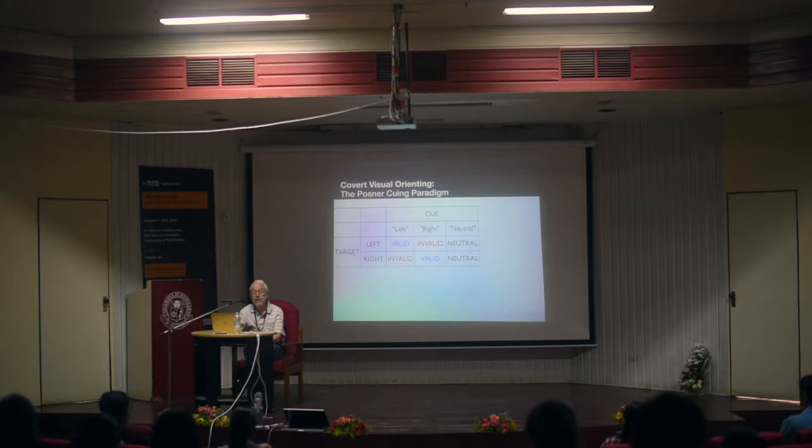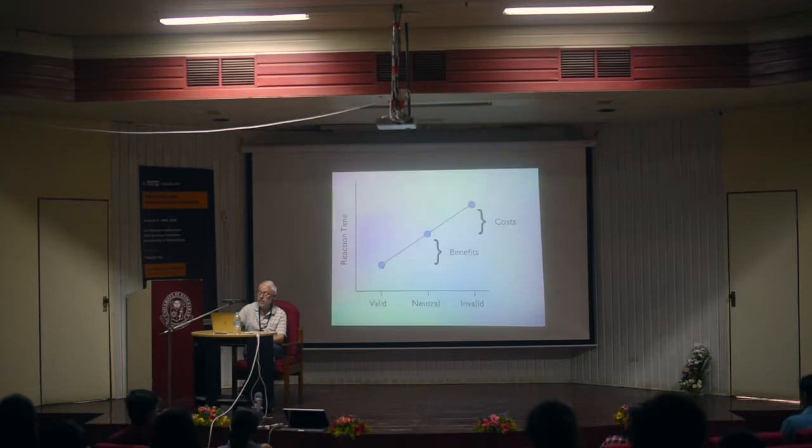So the cue's identity is I'm a cue. And later we find out whether it was a valid or invalid one because of where we put the target. So I prefer to say it was a validly or invalidly cued target, or it was a valid or invalid trial. But it's not a good idea, I think, to call the cues valid or invalid because they don't have an identity.